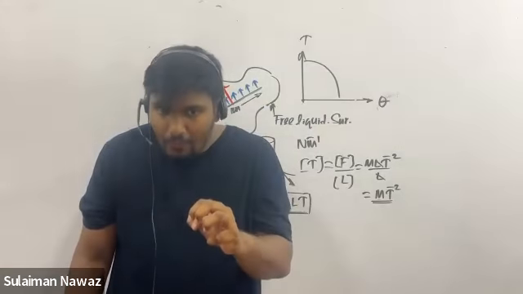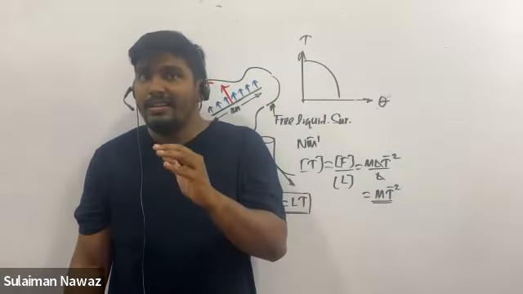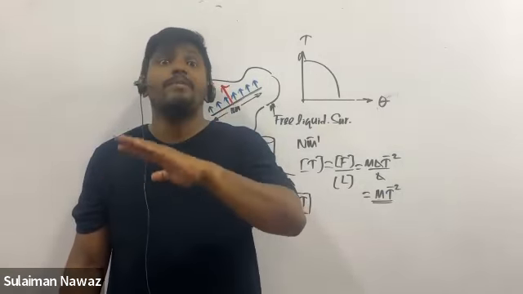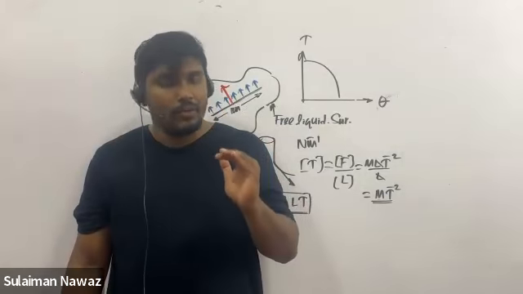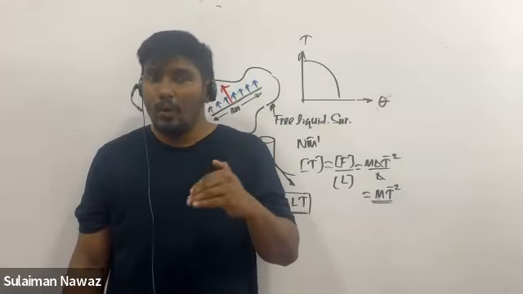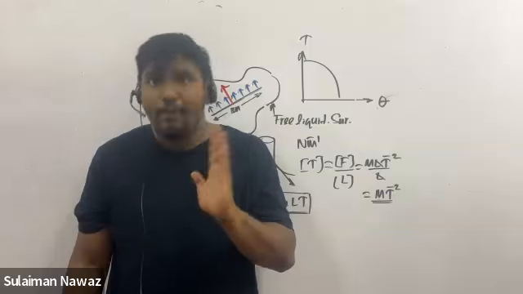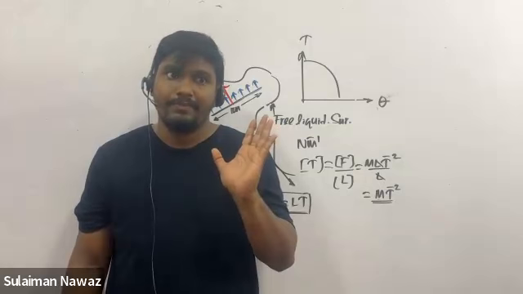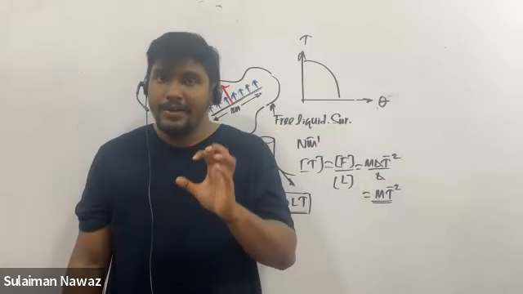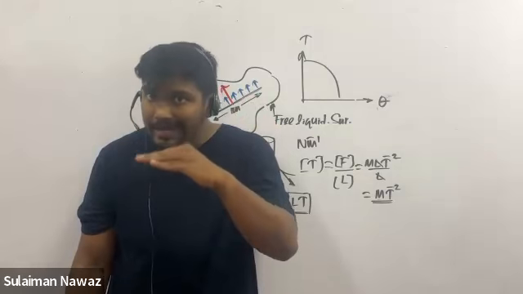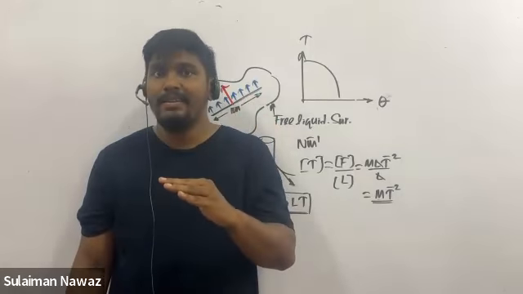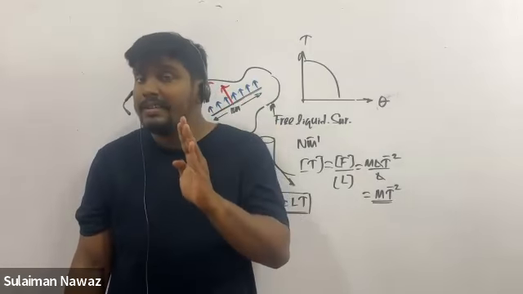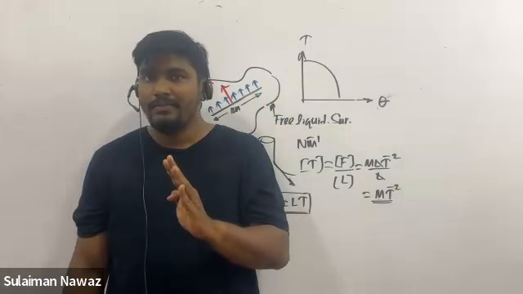To do that, it maintains the minimum possible number of liquid particles on the liquid surface. In order to maintain the minimum number of liquid particles on the surface, the liquid surface always tries to reduce its surface area. Do you understand?